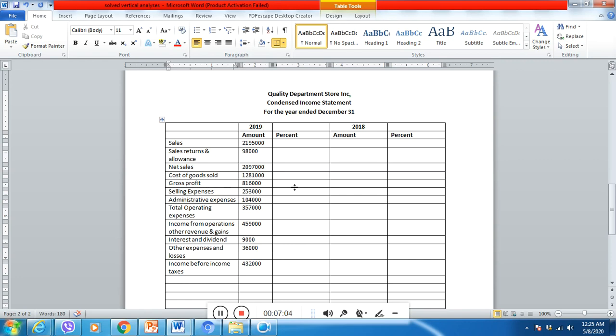And then second last, income tax expenses, 168,200. And the last one, net income, 263,800.